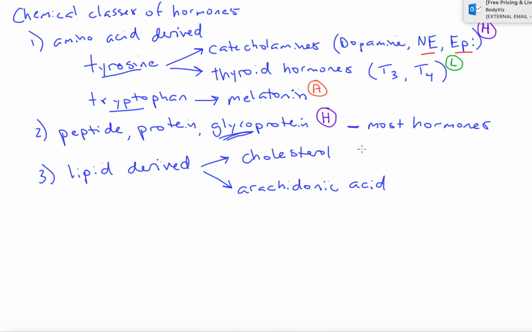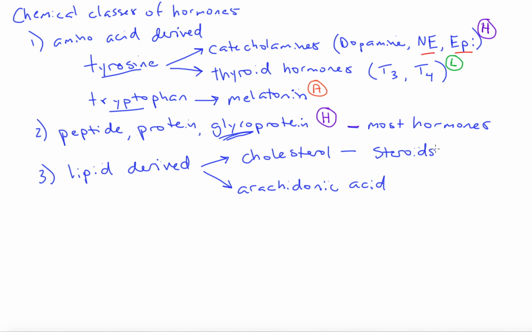Okay, and both of these fats are found within membranes, and so that substrate is always present, and just like group 1, the amino acid derived, can be enzymatically converted into these other molecules, these signaling molecules known as hormones. Well, and sometimes non-hormones, as we'll see in a second. But cholesterol is the precursor for the steroid hormones.